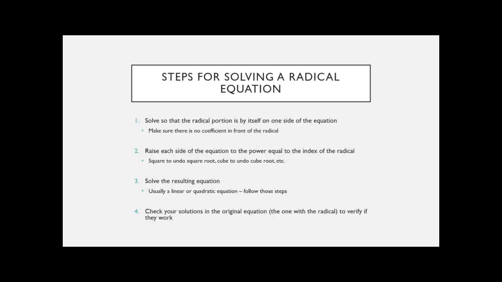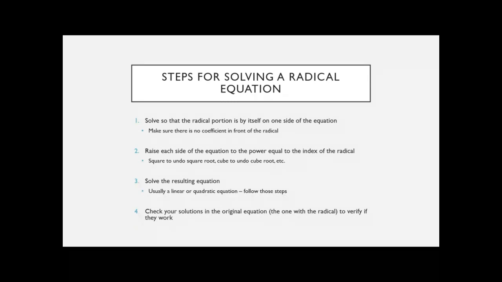So, the steps when you're solving one of these, and this would be a good thing to put on a note card, so that when you recognize a radical equation, you pull up these steps. You want to rearrange it and try to get the radical part by itself, with no coefficient in front. If there's a number in front of your radical, you need to divide both sides by that number.